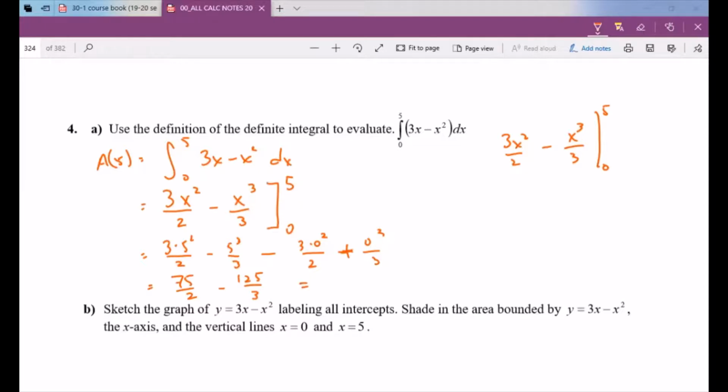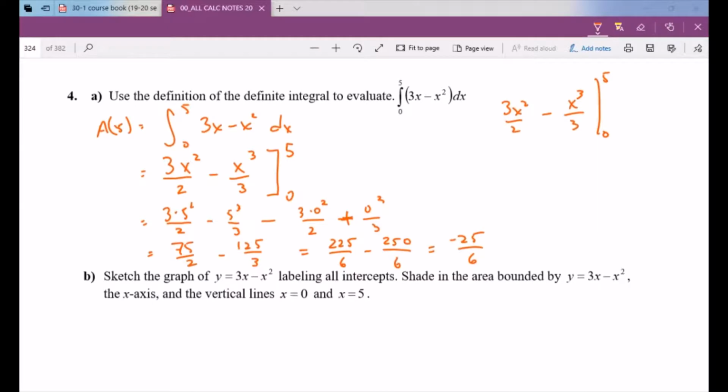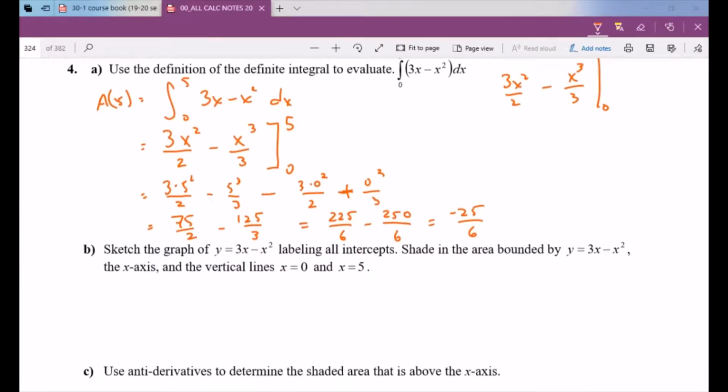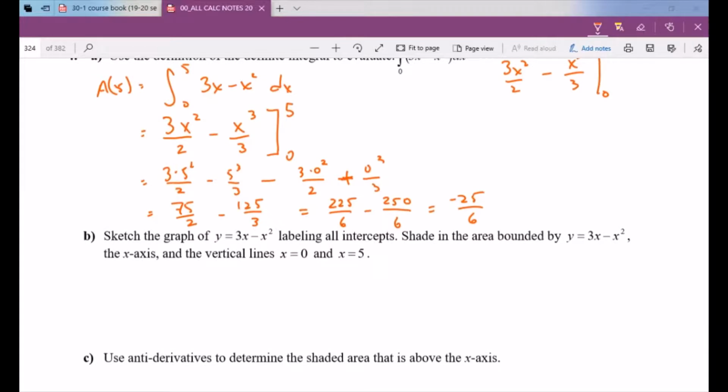To get a common denominator, this is 225 over 6 minus 250 over 6, which equals negative 25 sixths, which is a curious answer, isn't it? Let's come back to that in a second. It's a curious answer because we're expecting this to be an area, and for this to be negative is a little odd.